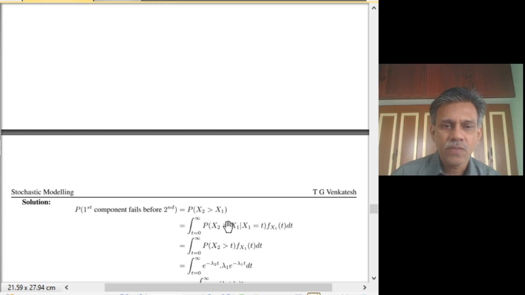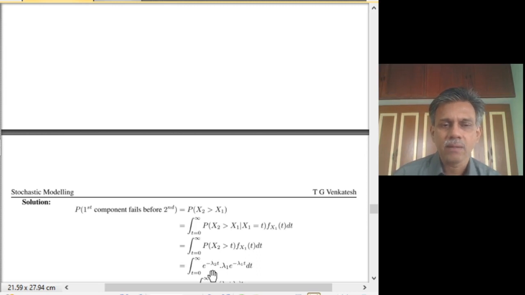And this is nothing but, in place of x1 you have to put t, because the condition is x1 should be equal to t. So in place of x1 if you put t, you simply get the probability that x2 greater than t, multiplied by fx1 of t dt.